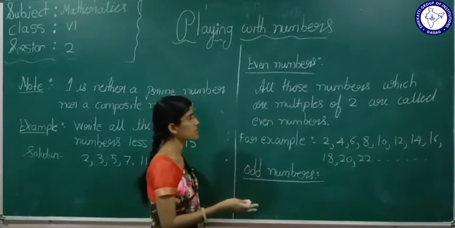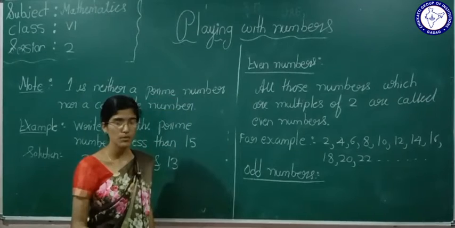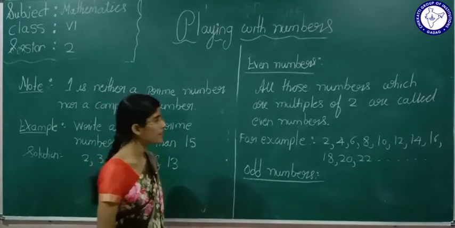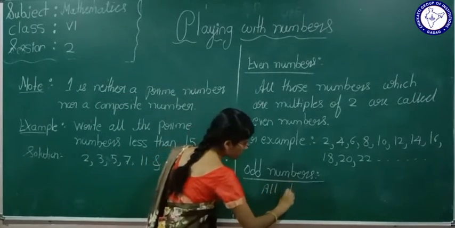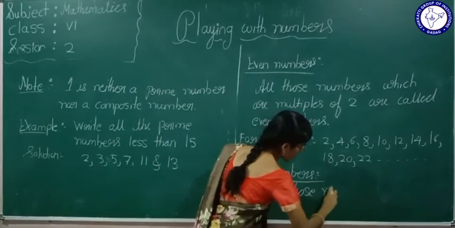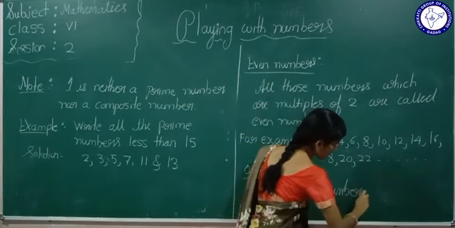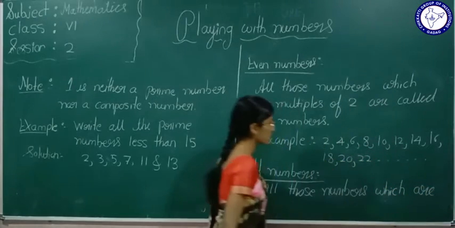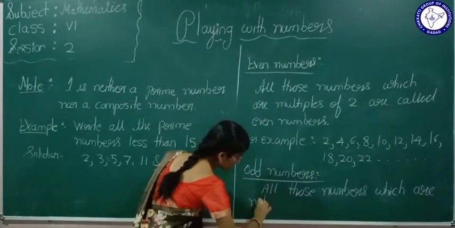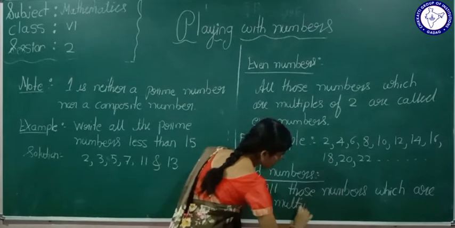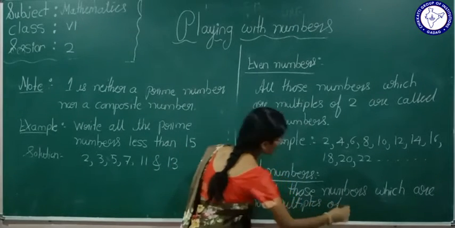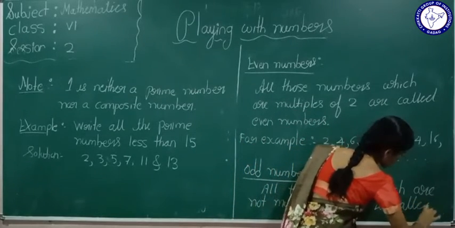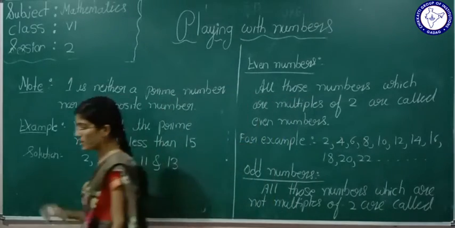All those numbers which are not multiples of 2 are called what? Odd numbers.